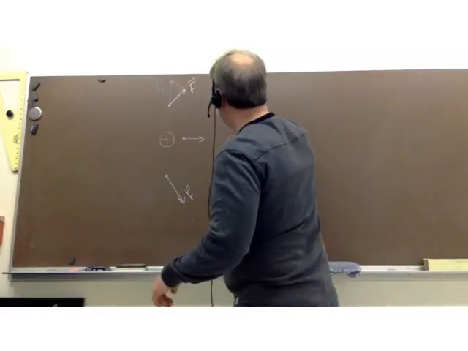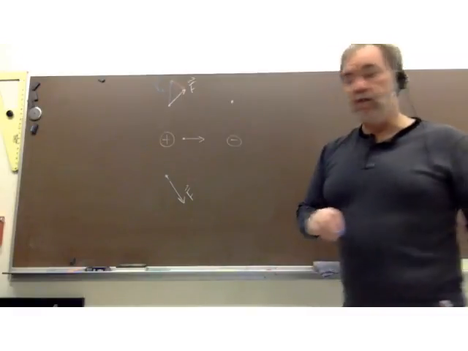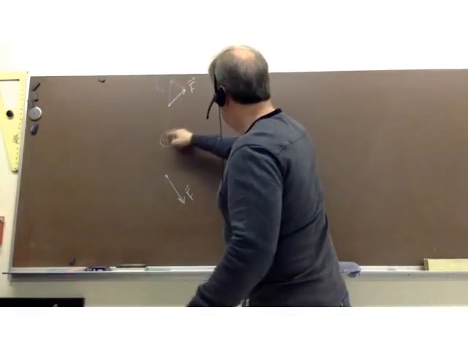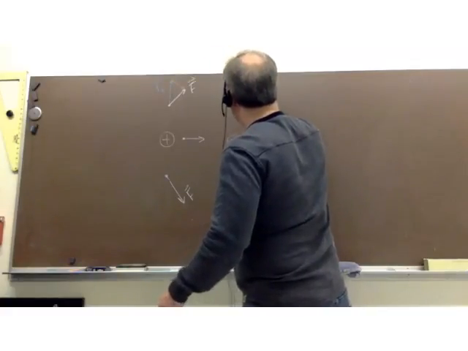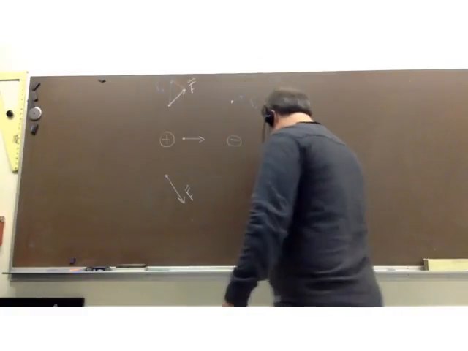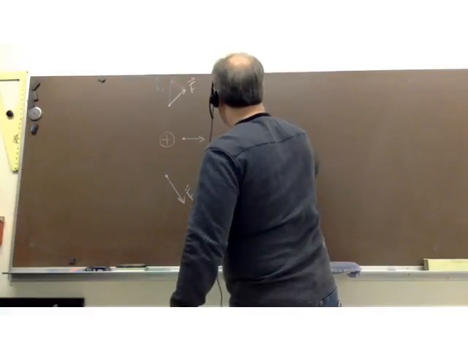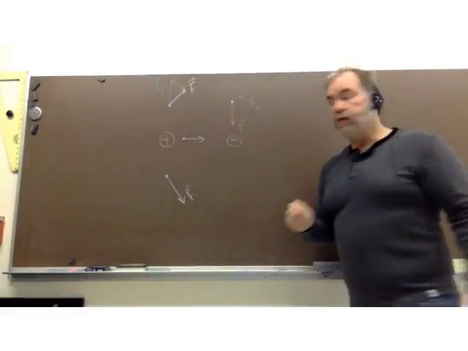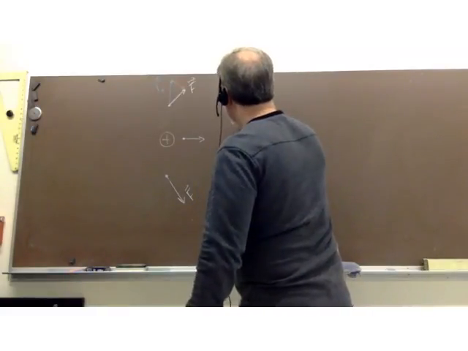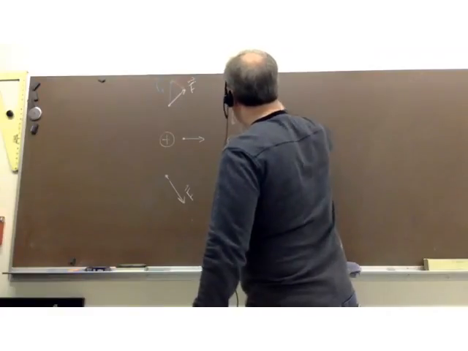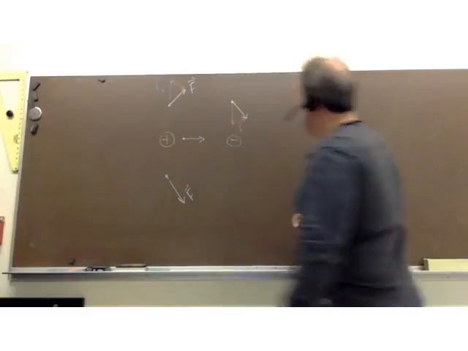Like that. If I were to look at this point here, now a positive charge placed at that location would be only weakly repelled from the positive charge, but it would be strongly attracted to the negative charge, and so the vector sum is like that.